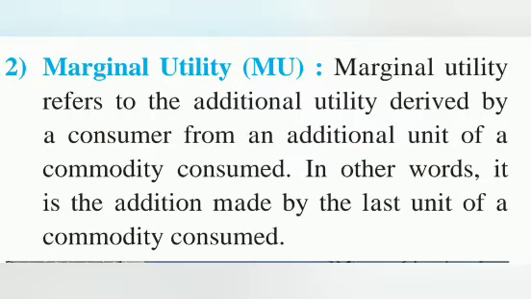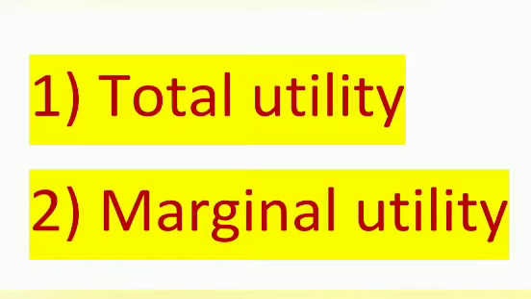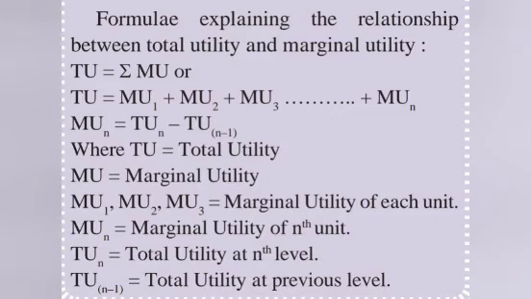See students, in simple words, total utility refers to the sum of utilities derived from the consumption of all the units of a commodity. And marginal utility refers to the utility derived from the consumption of the last unit of a commodity. Symbolically, total utility TU is equal to sigma MU, or TUn, where n means nth level.